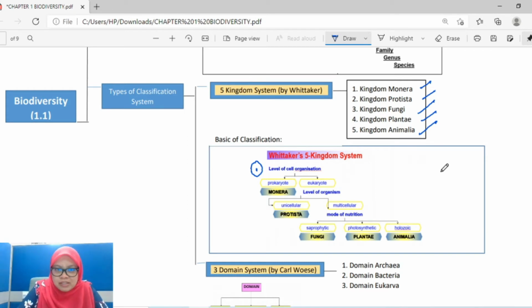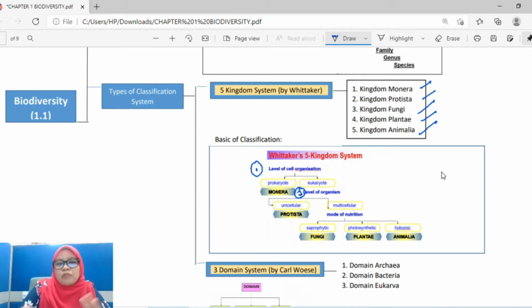So for the rest, for the left species, means they are eukaryote, and then if they are eukaryote, the second element to be considered is level of organization. Either the organism is unicellular or multicellular. All the rest yang tinggal sekarang ni hanyalah eukaryote.